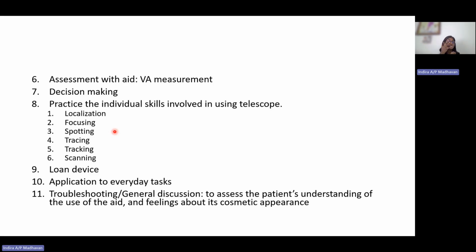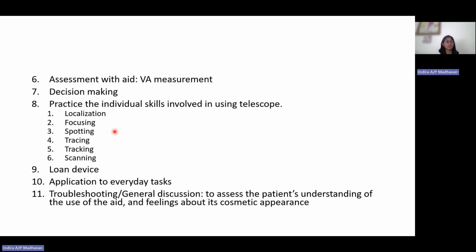If, let's say, scenario B, all achieve the target. But when we ask the patient which one is more comfortable, the patient says all 3 are not comfortable. No need to prescribe. Although the VA is achieved or better, you cannot prescribe, because the patient is not comfortable.